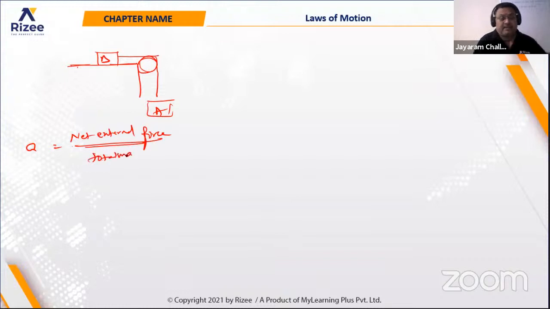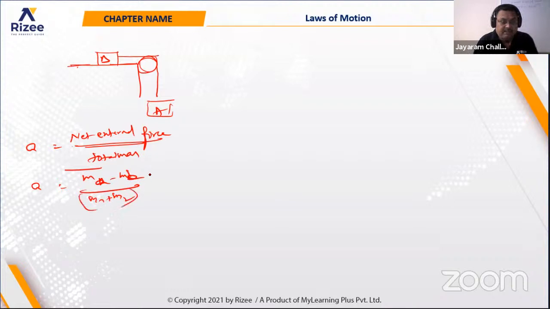So a = (mb minus ma)/(ma plus mb) into g. This is how you get the acceleration.